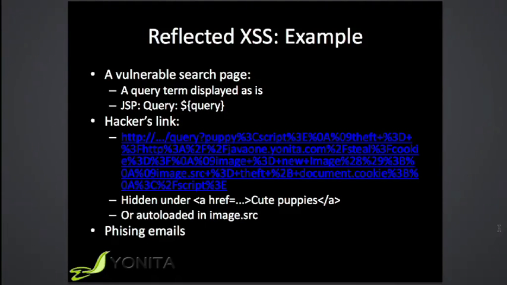The hacker's link would be like you see on the slide, hidden under some cute name, and the hacker could trick a victim into clicking that link, and it would end up sending a cookie to the hacker.